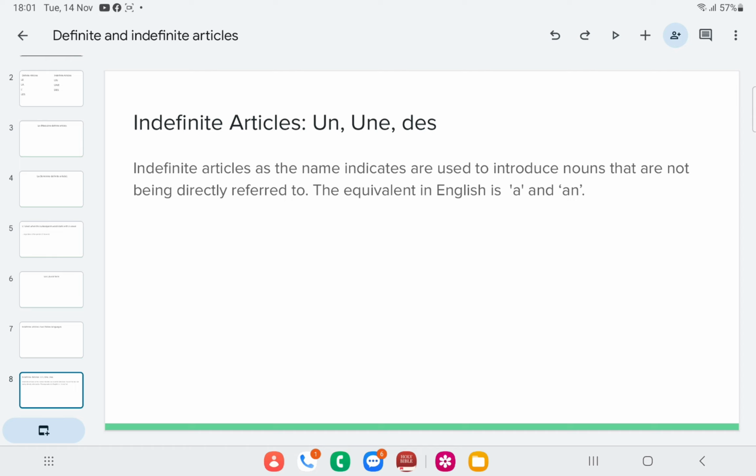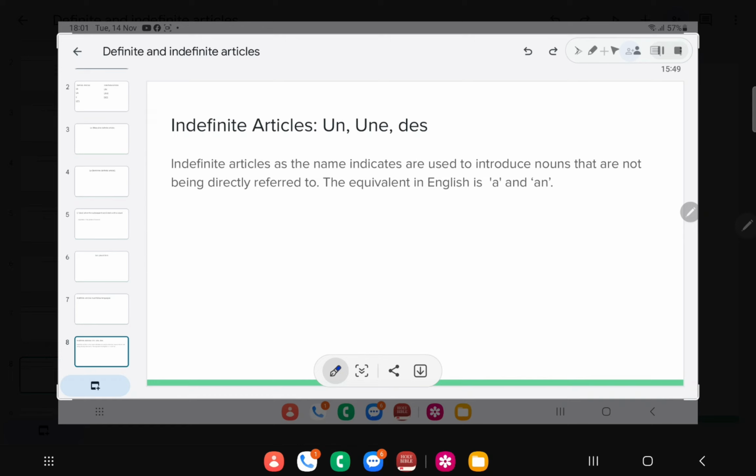Now let us move on to indefinite articles. Un, une, and des. Indefinite articles, as the name indicates, are used to introduce nouns that are not being directly referred to. The equivalent in English is a and an. Let's make some examples. I want to say a boy. I don't know which boy we're talking about.